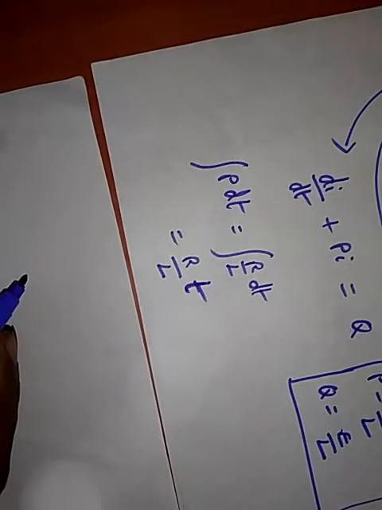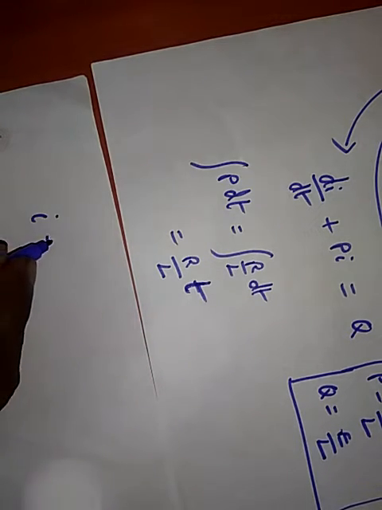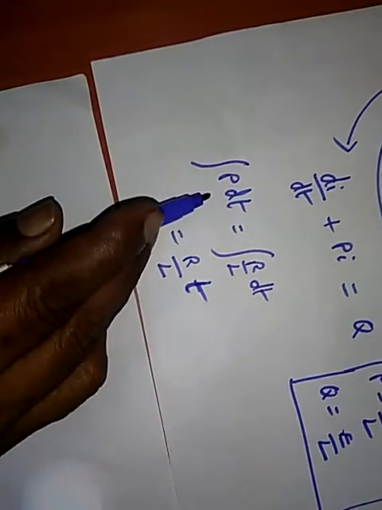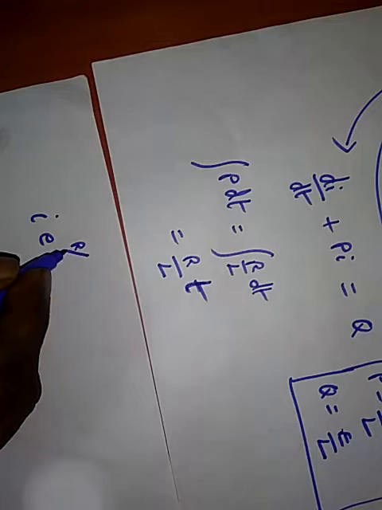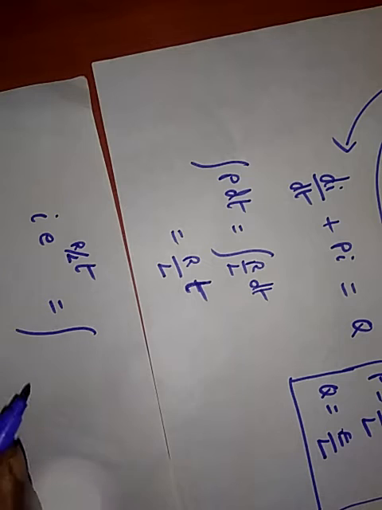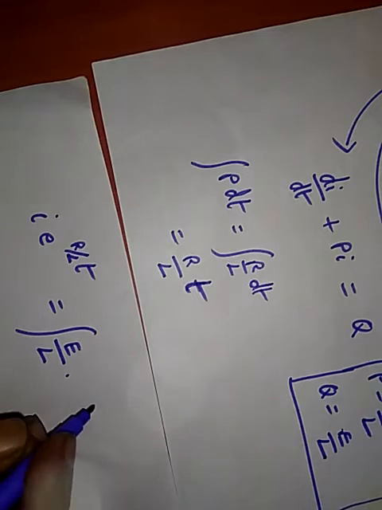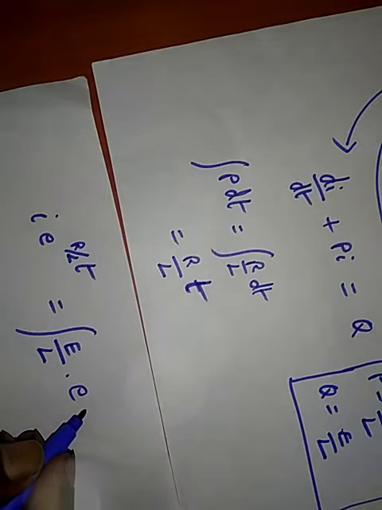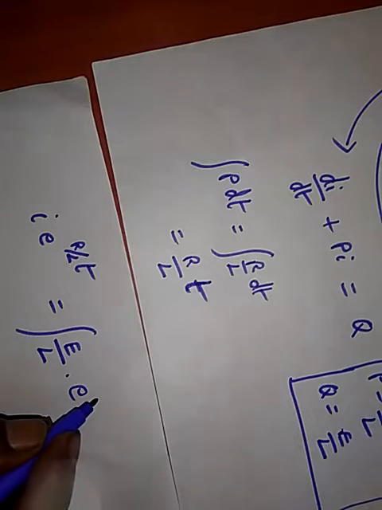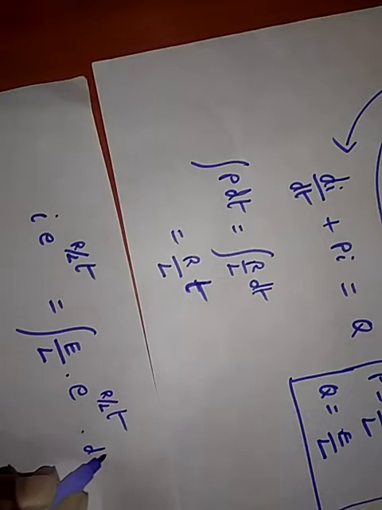In the place of y we have I. Therefore we have I e power integral p dt, which is nothing but R by L t, is equal to integral q, which is E by L, into e power p dt, which we just found to be R by L t, into dt plus c.